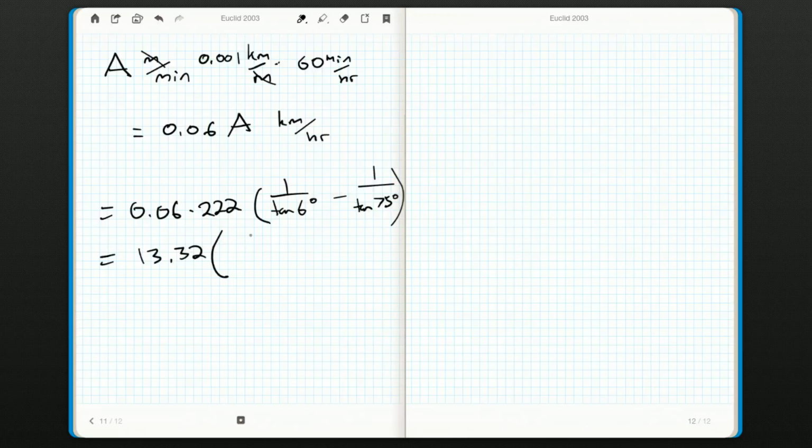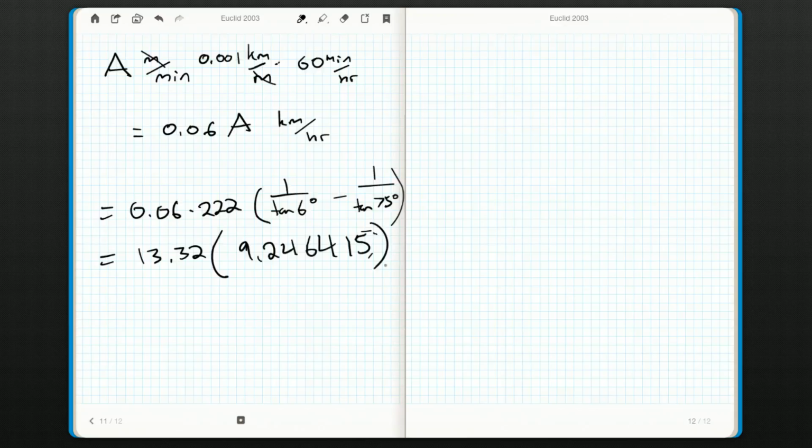I take tan of 6 degrees, and then, where's my reciprocal button? There it is. Minus tan of 75 degrees inverse. So I'm getting a difference of 9.246415. I'm just going to keep that in there as much as possible. And that's what I get.